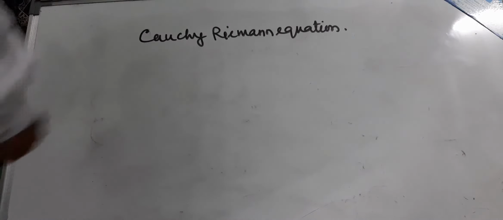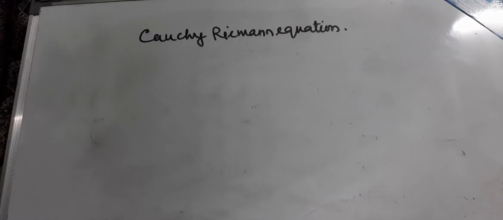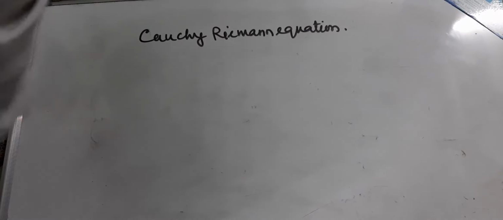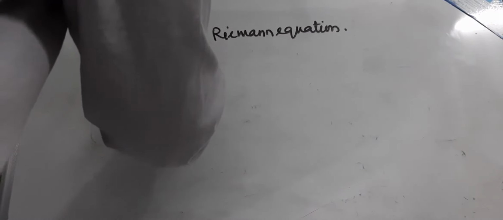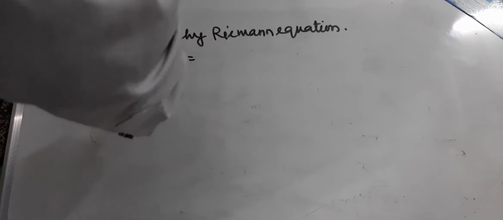So last video I was talking about the Cauchy-Riemann equation. So here we will discuss what this Cauchy-Riemann equation is: del u by del x equal to del v by del y, or it is ux equal to vy, that is the partial derivative, and number 2, del u by del y equal to minus del v by del x, or it is uy equal to minus vx.